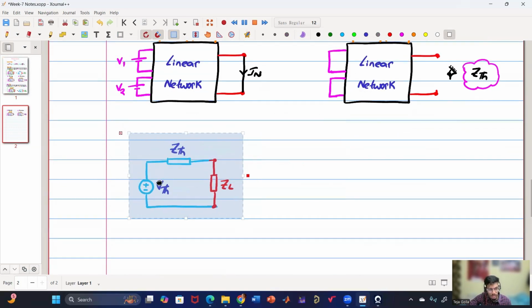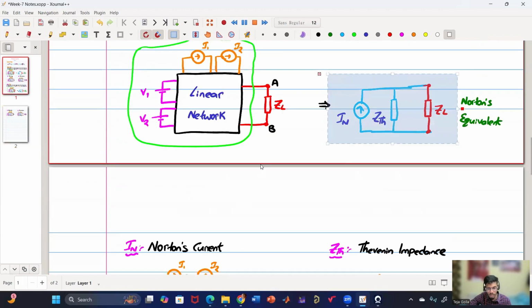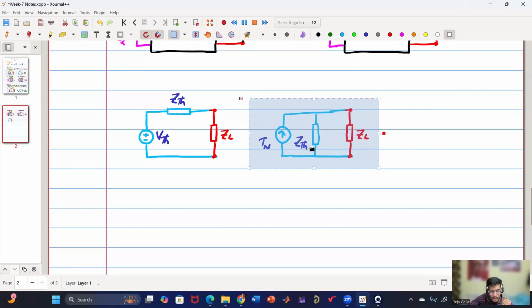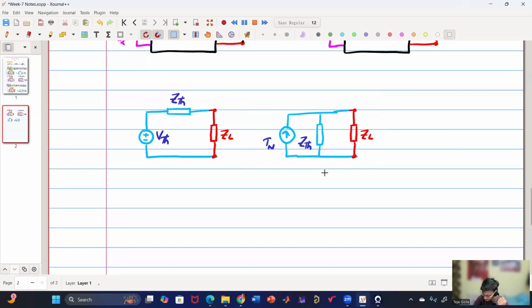So this is our Thevenin's equivalent. This is our Norton's equivalent. Agree?